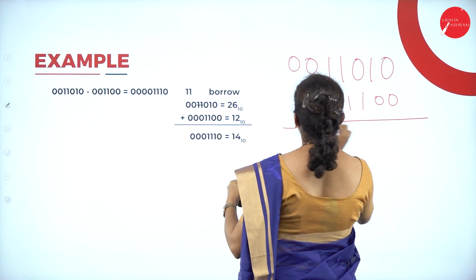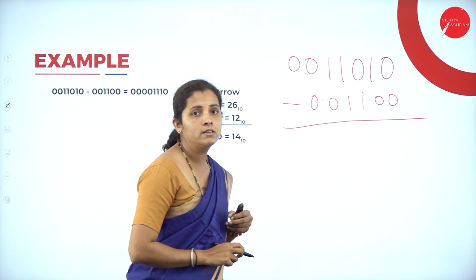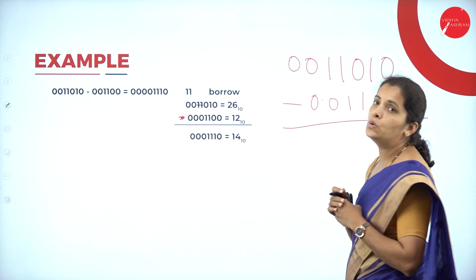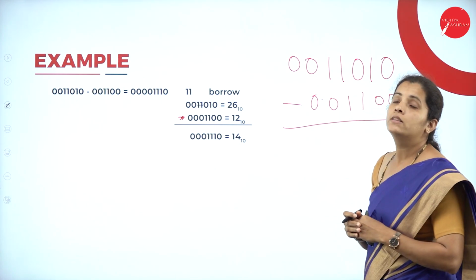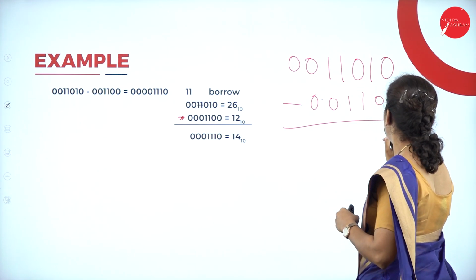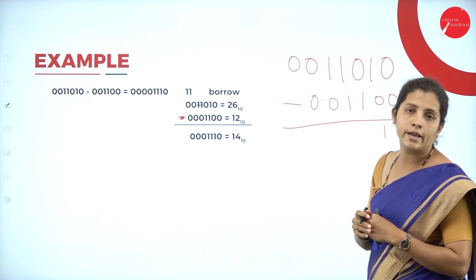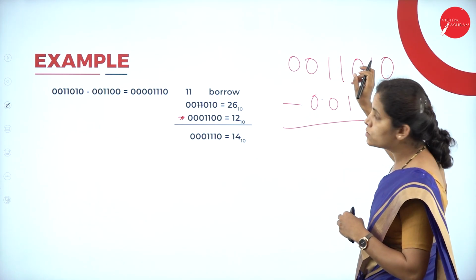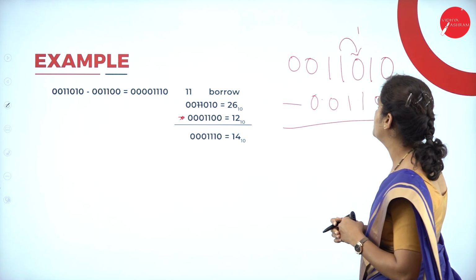So now I'm going to subtract this value. So what is according to the rule? 0, 0, I'm going to get 0. Then 1, 0, I'm going to get 1. 0, 1. So I cannot subtract 1 from 0. So what I will do? I'm going to borrow 1 here.